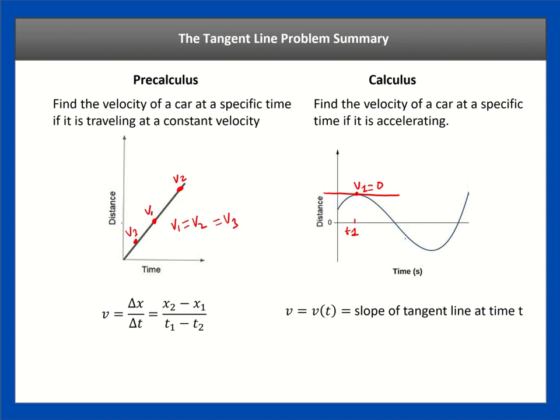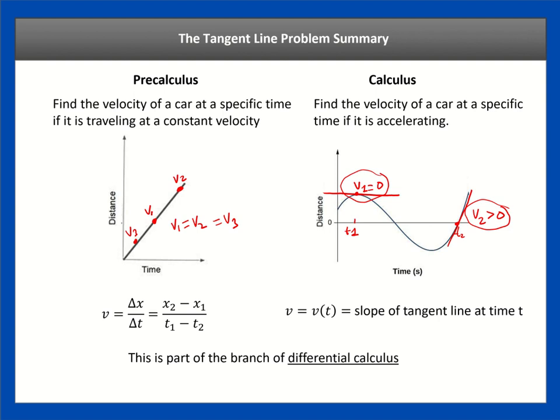Whereas if I do the velocity over here, this is time T2, well, then I'd have to draw a tangent line there, and that velocity is going to be positive, right? So on one side, you've got the velocity as 0, and on the other side, you have the velocity being positive. So the velocity varies over time, and it's obtained by taking the slope of the tangent line at time t. All right, this part of the branch is differential calculus, and when we get to this chapter, we'll introduce the idea of the derivative.